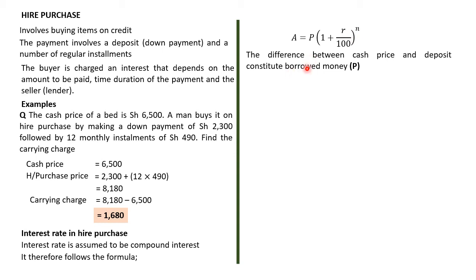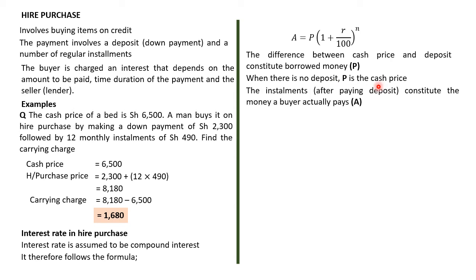Now, the difference between the cash price and the deposit constitutes the borrowed money. All right, the difference between the cash price and the deposit gives us our principal, P. Again, when there is no deposit, P is the cash price. There are questions where we don't have the deposit and therefore we only have installments. It means the cash price will be the borrowed money, which is our P. Now, the installments, that is after paying the deposit, constitute the money that the buyer actually pays.